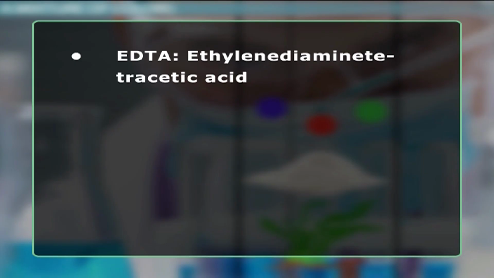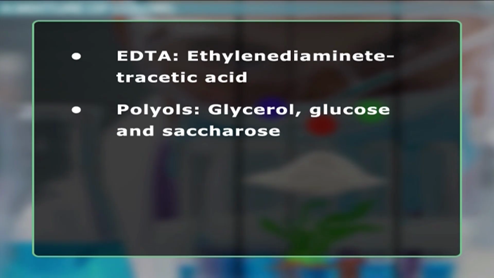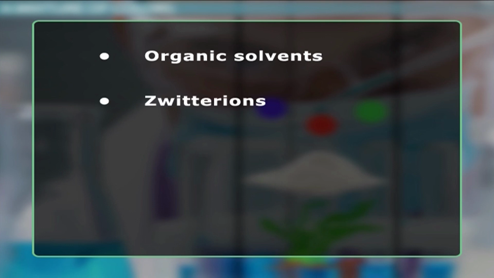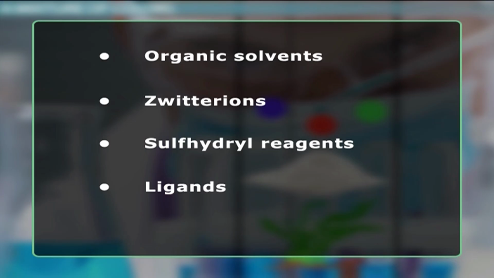Commonly used eluent additives which have been successfully used in ion exchange chromatography are as follows: EDTA, ethylenediaminetetraacetic acid, polyols, glycerol, glucose and saccharose, detergents, urea and guanidinium chloride, lipids, organic solvents, zwitterions, sulfhydryl reagents, ligands, and protease inhibitors.